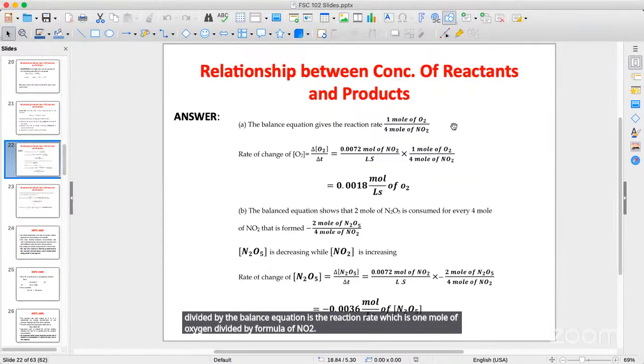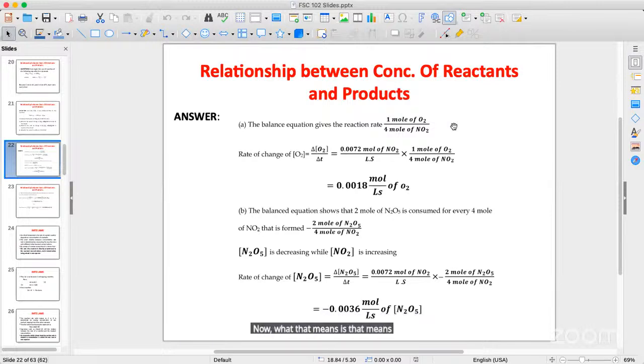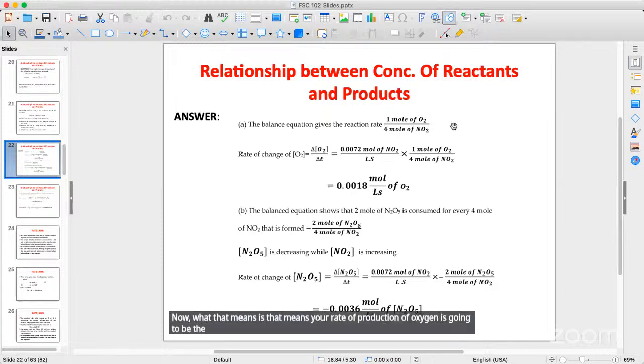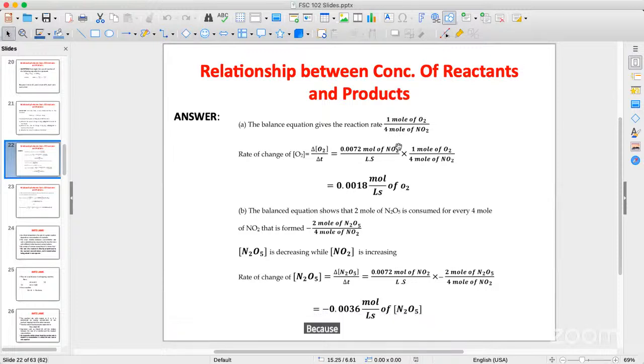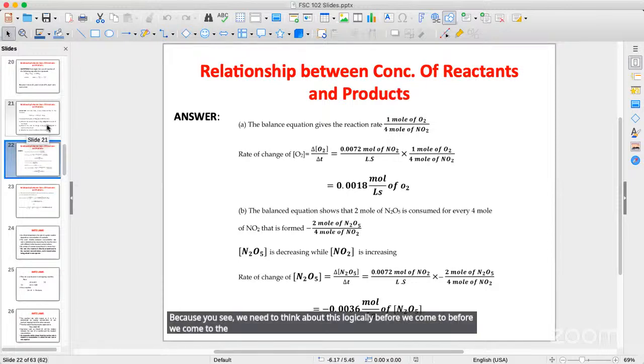Now, what that means is that your rate of production of oxygen is going to be the rate of production of NO2 divided by 4. Because we need to think about this logically before we come to the mathematical equation itself.